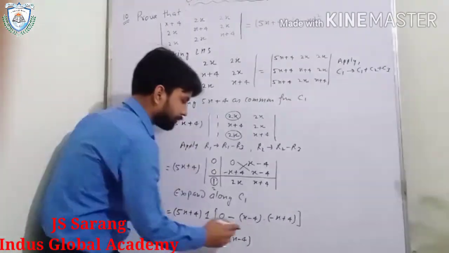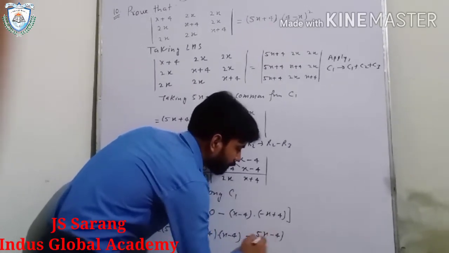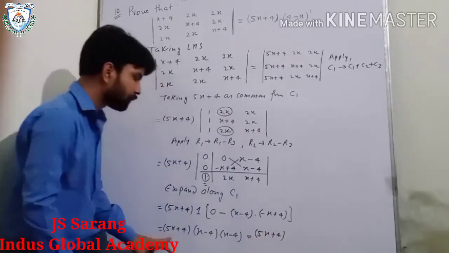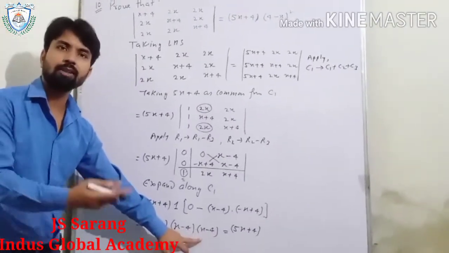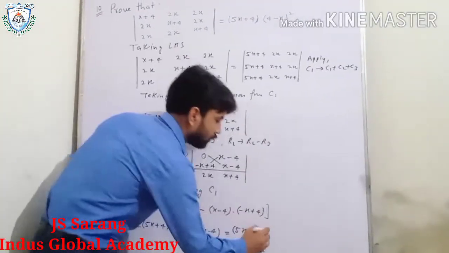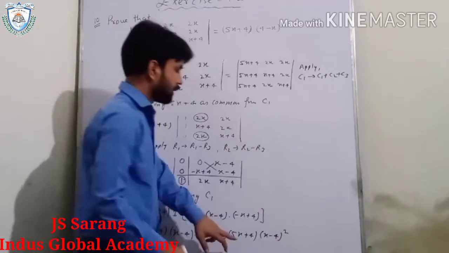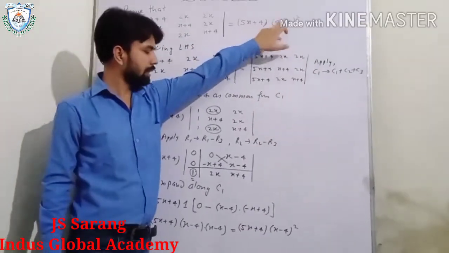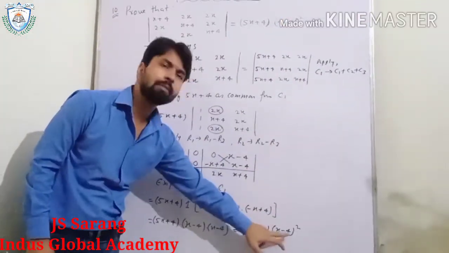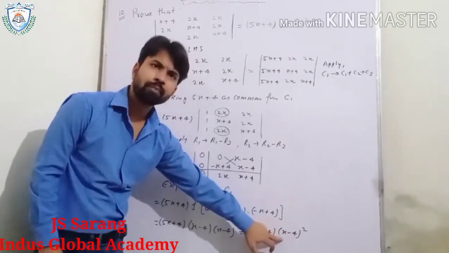Now see what is left: 5x plus 4 into (x minus 4) into (x minus 4). This will be (x minus 4) whole square. See the RHS, 5x plus 4 into (4 minus x) whole square. But this is x minus 4. So we can take minus common from here. Clear?